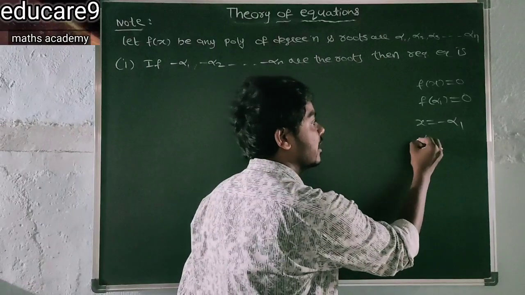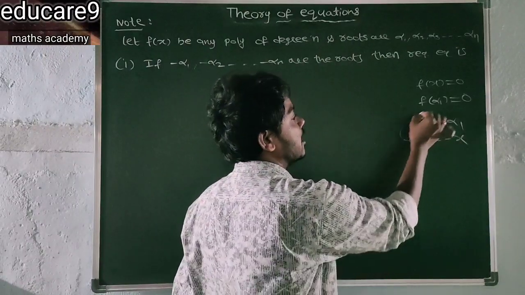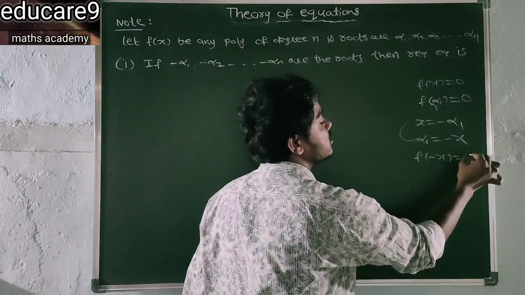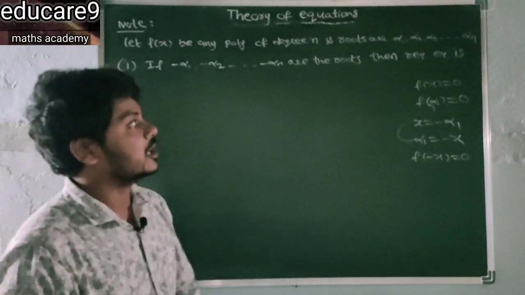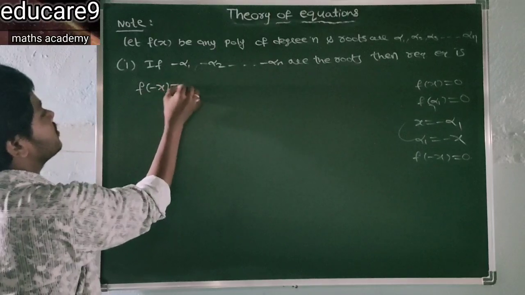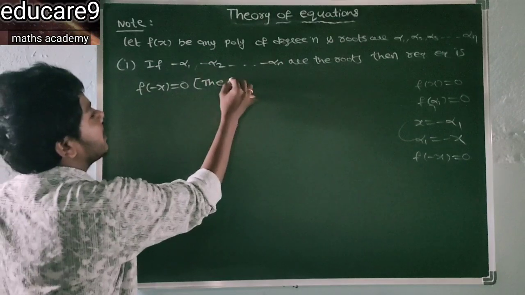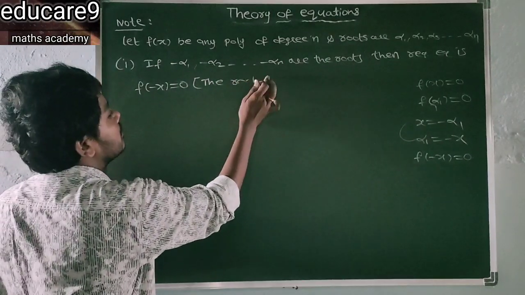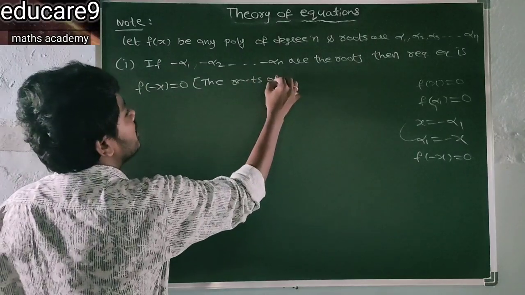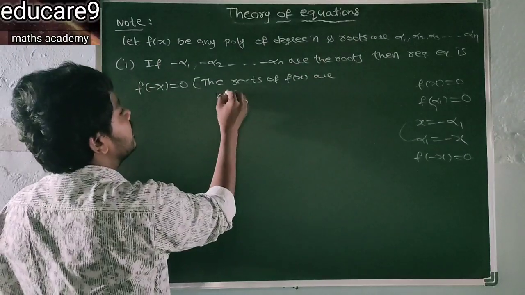What is alpha 1? Minus x. So substitute this alpha 1 here. What do you get? f(minus x) is equal to 0. Therefore, the required equation is f(minus x) equals 0, when the roots of f(x) are negative.